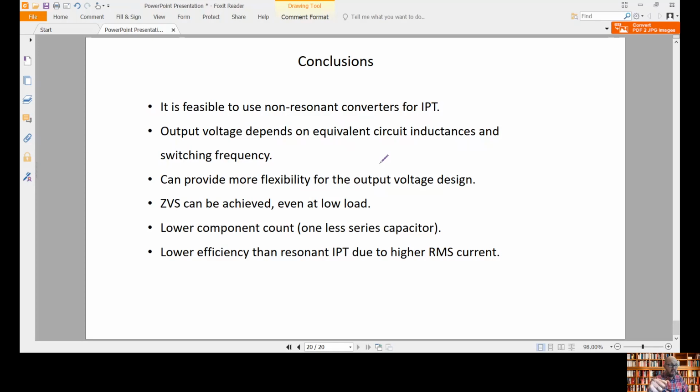We can also say that maybe we can have higher EMI because we are using triangular waveforms instead of sinusoidal waveforms. So if we compare the non-resonant circuit with the resonant circuit operating exactly at resonance, then the EMI could be somewhat higher, especially in the surrounding part of the coils of the IPT systems.